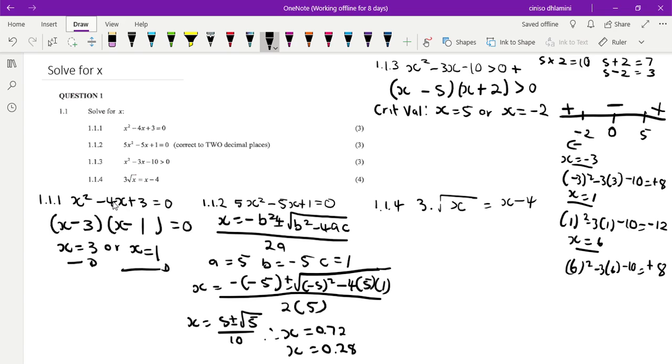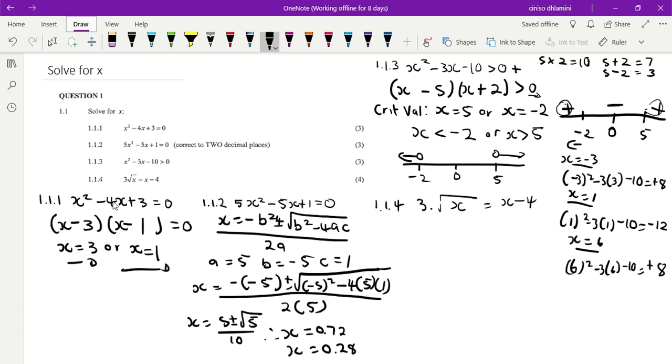Now that you've identified where the positive values are, here and here, because the answers must be positive: when x is less than -2, you get a positive solution, or when x is greater than 5, you get a positive solution. So when you write it neatly, you have -2 there, 5 there, and your arrows face where you get the solutions of x.